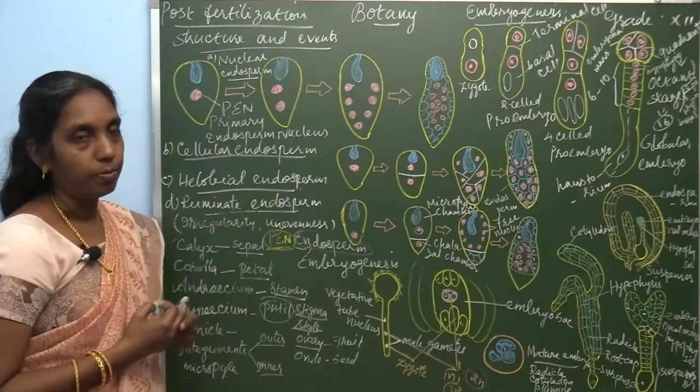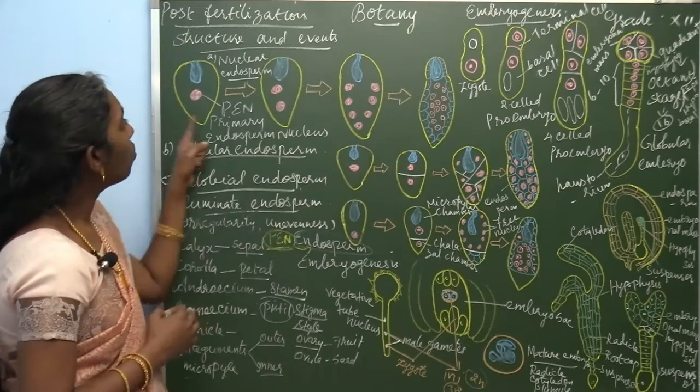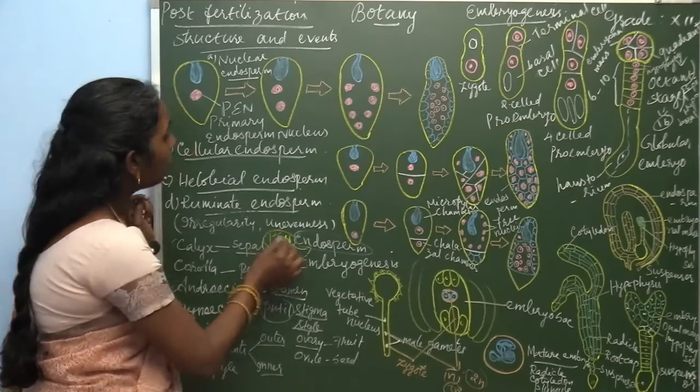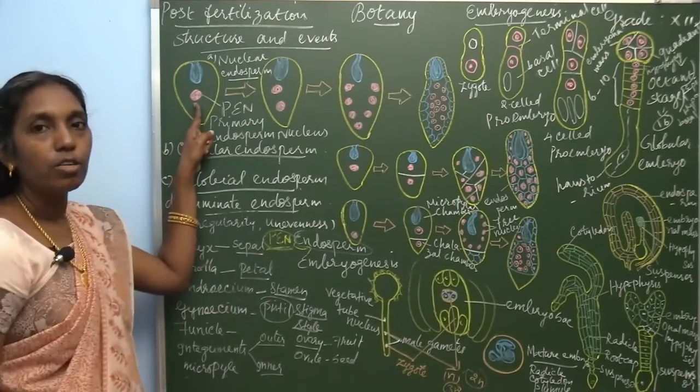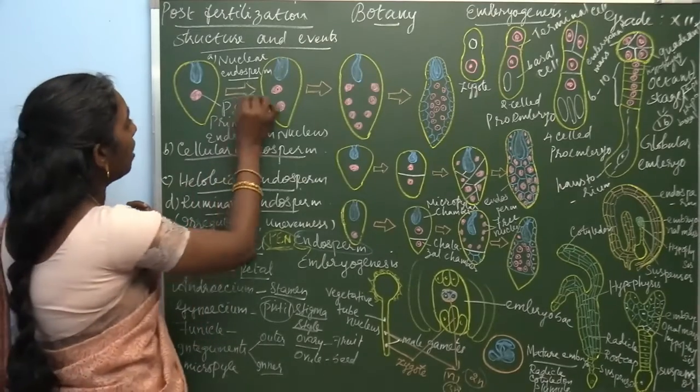Nuclear endosperm. Look at this diagram. This is the development of nuclear endosperm. This is the primary endosperm nucleus, or you can just remember the word as PEN.